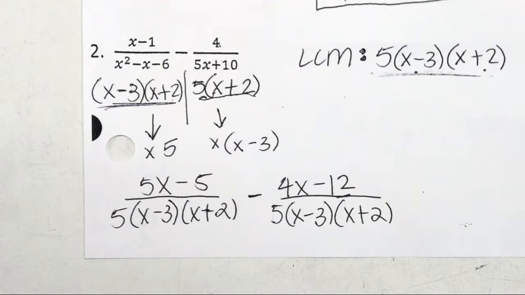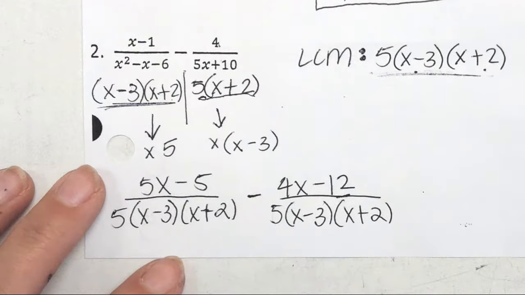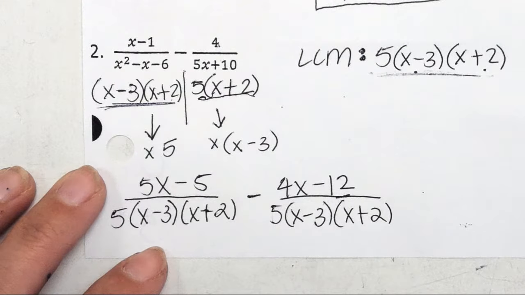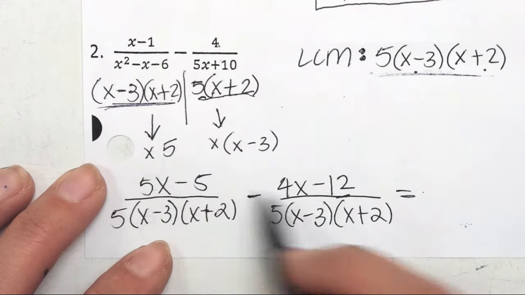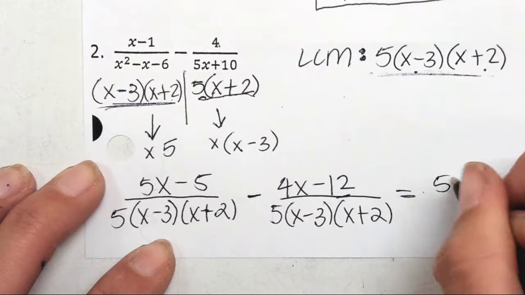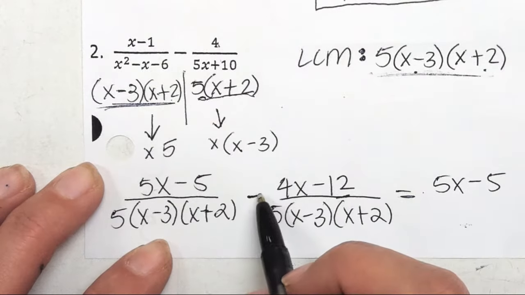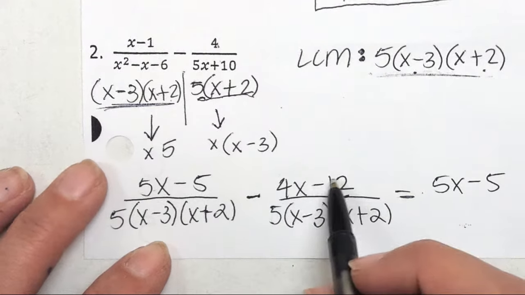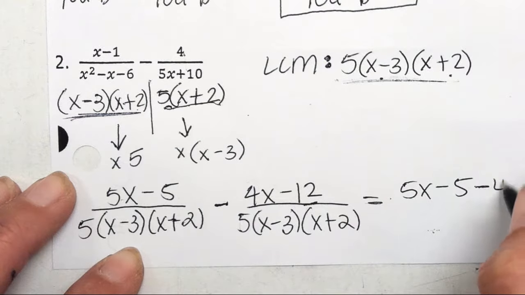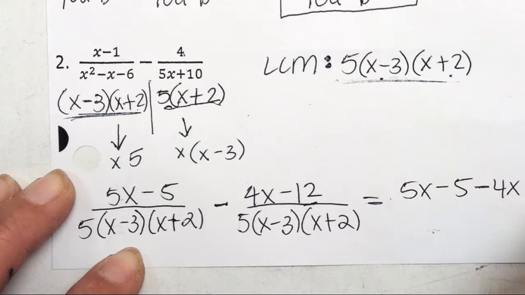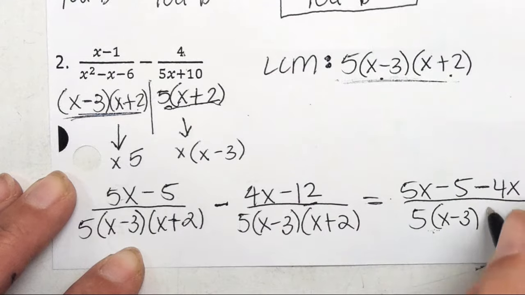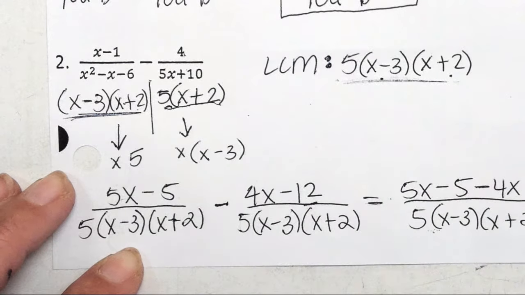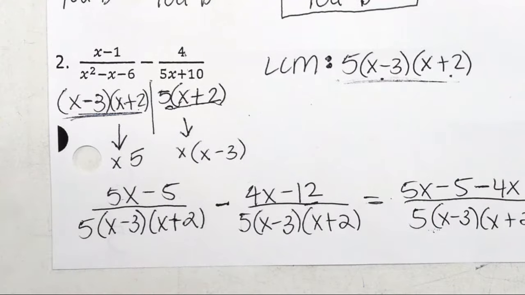Okay, so on top right here, what could I combine? The like terms, right? Let's go ahead and write this all together. We have 5x minus 5. Now this minus sign is going to change both of these to what? Negative 4x and good. All over the same denominator. So why can't you do 5x minus 4x? You can. We're about to.